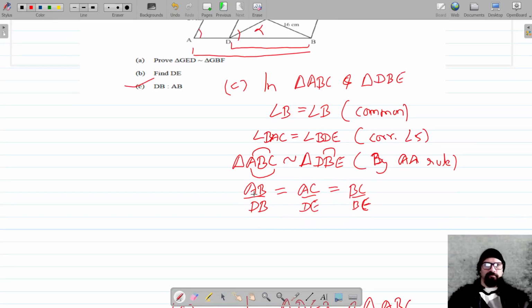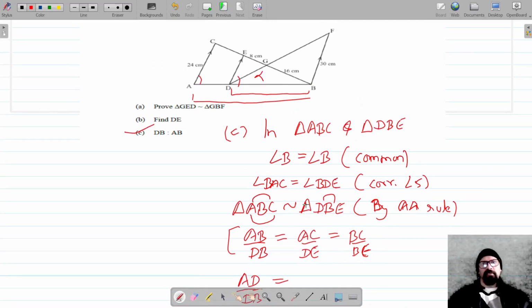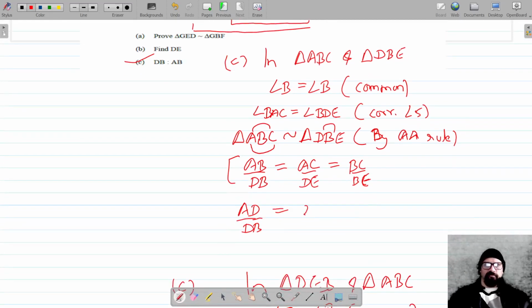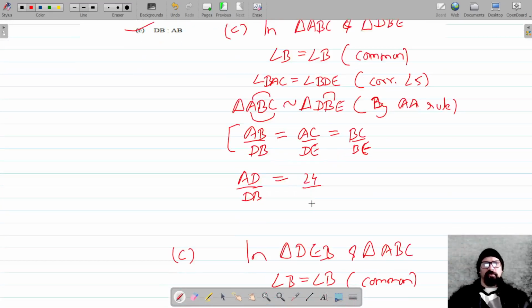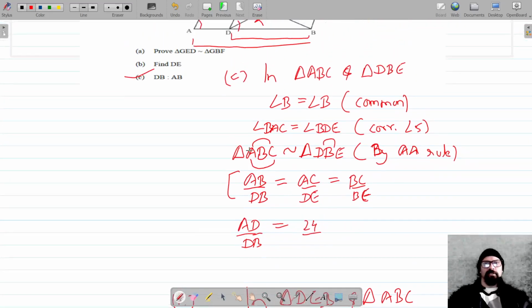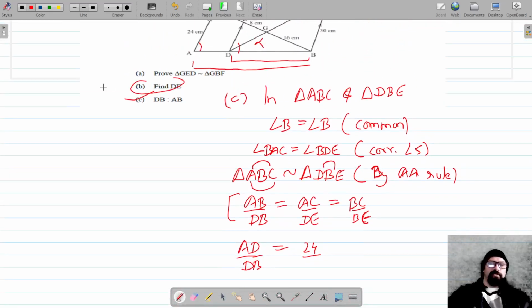Now let's put in the values. We have to find this ratio. So AB by DB is equal to AC by DE, and AC is 24, and we have already got DE, which was 15 centimeter.